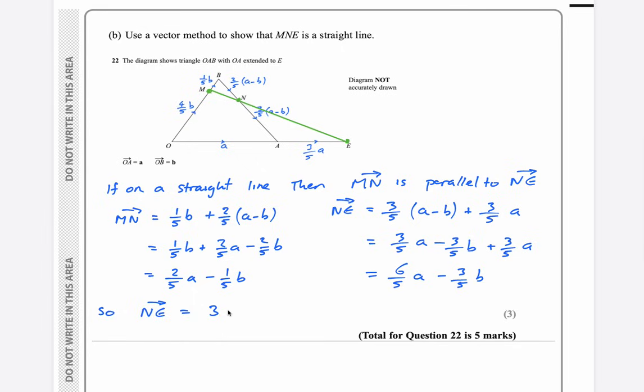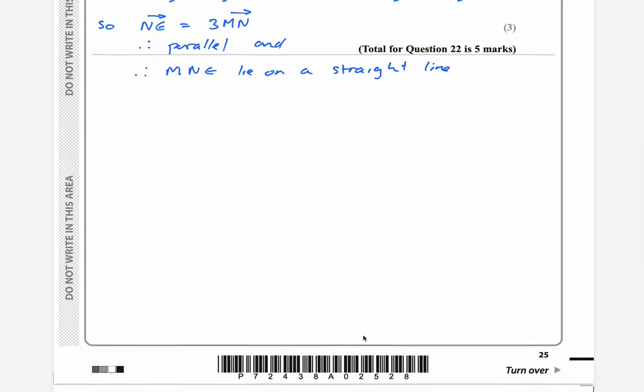So NE is 3MN, therefore parallel, and therefore M, N, E lie on a straight line. Okay, well, that's it. That's the proof.